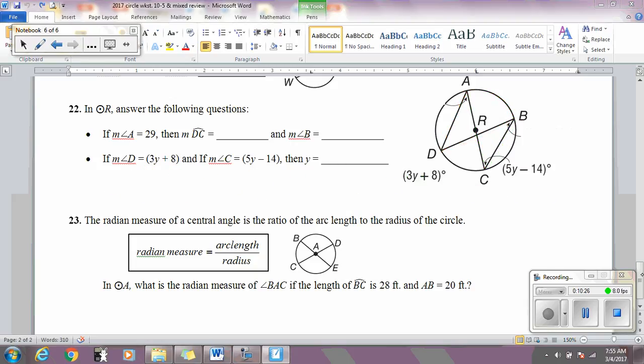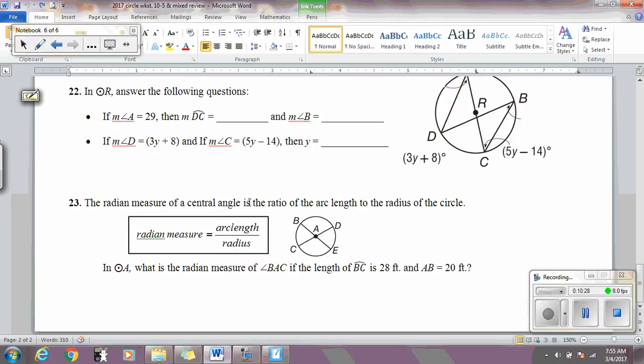And our last question. Number 23. The radian measure of a central angle is the ratio of the arc length to the radius of the circle, which is illustrated by the formula in the box. Radian equals arc length divided by radius, in other words. So in circle A, what is the radian measure of angle BAC? So angle BAC is this angle right here.